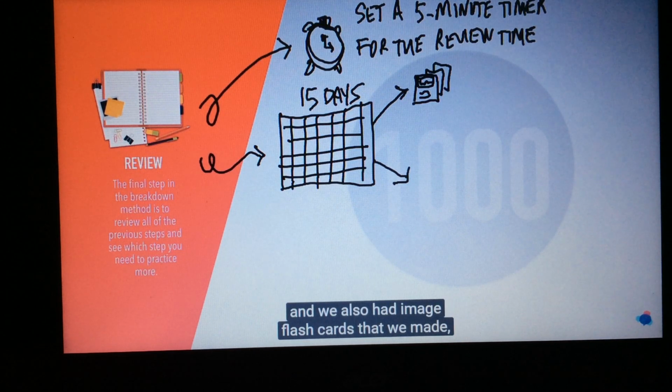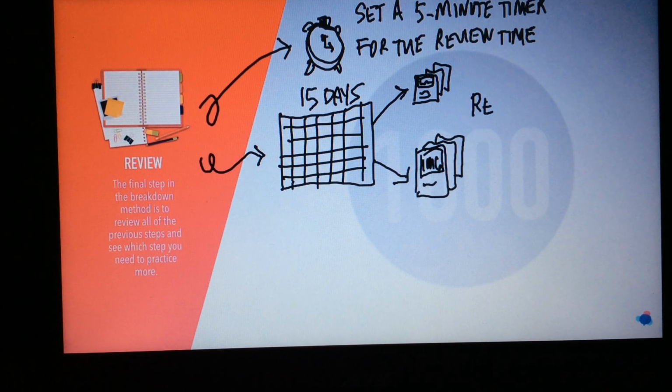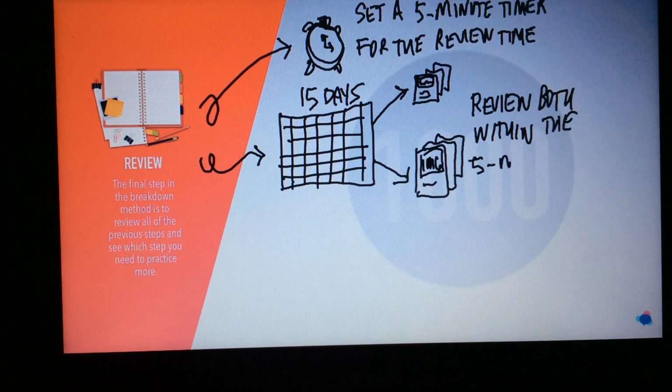And we also had image flashcards that we made. Okay, so what's going to happen is you need to review both within the 5-minute time period.